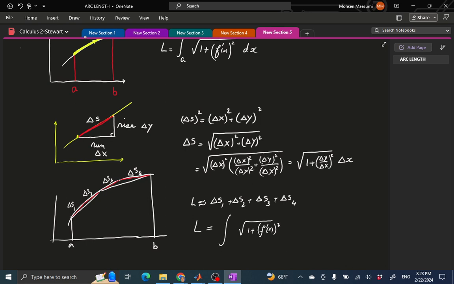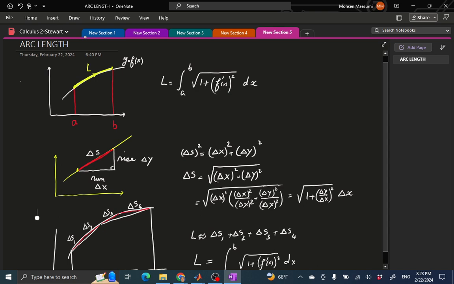I have to square that, and instead of delta x you write dx. The act of summation that you're doing here is a definite integral from the beginning to the end. So that is the idea behind the formula that we have.